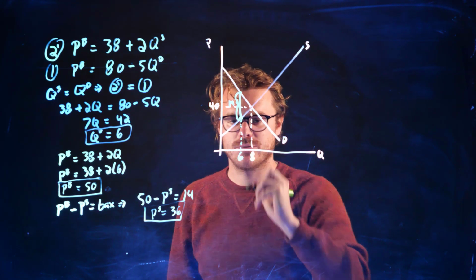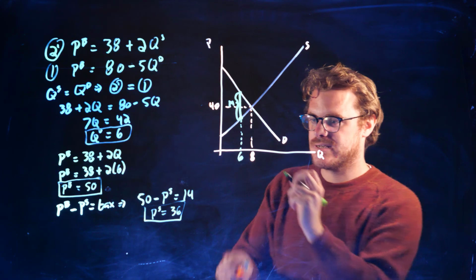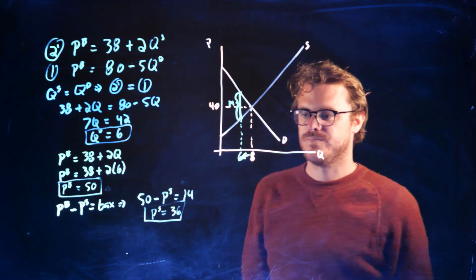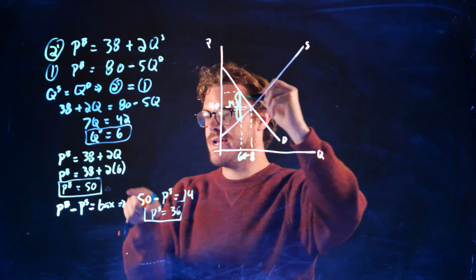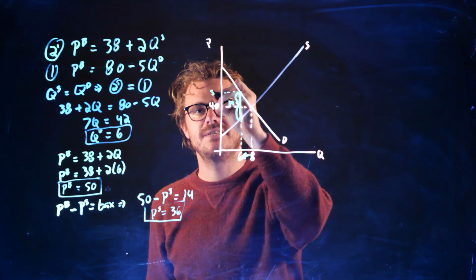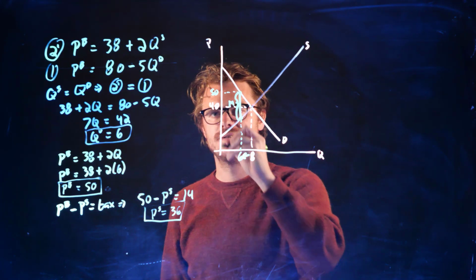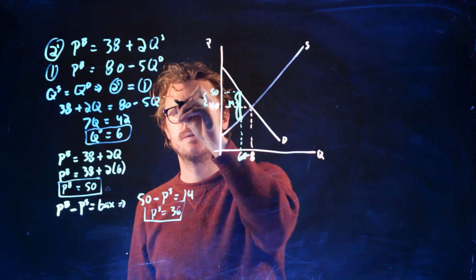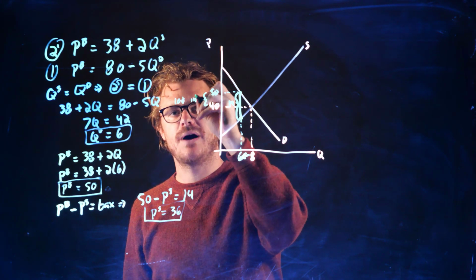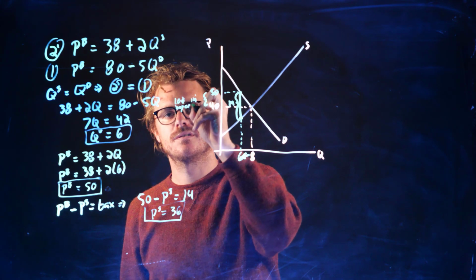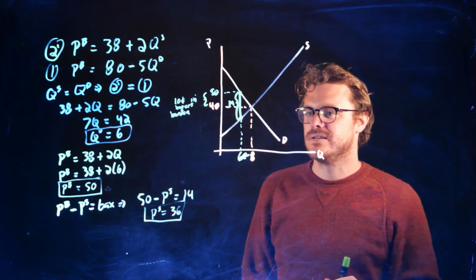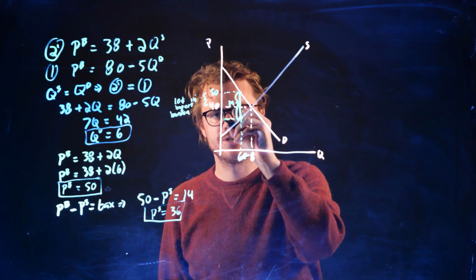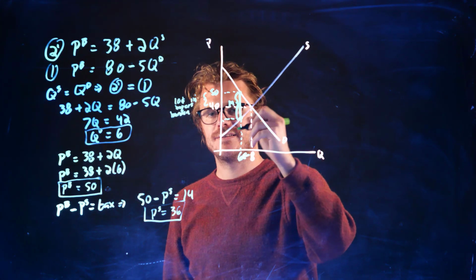We figured out the equilibrium quantity now is 6, so it went down there. We figured out the price that the buyers pay was now 50 cents a liter. So 10 cents is buyer's burden. Hopefully you can somewhat read that. The bottom of this wedge is the price the sellers get.